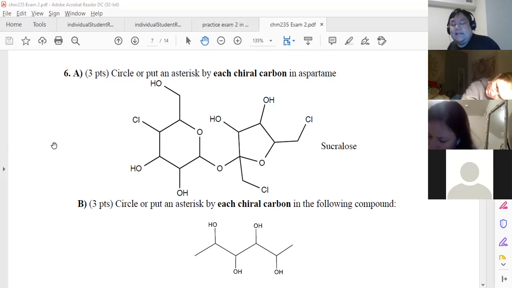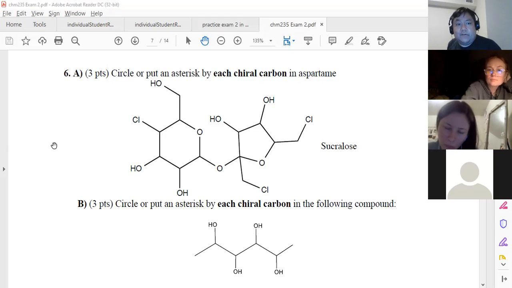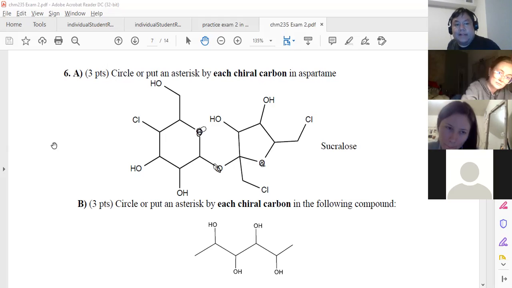So the easiest thing is just to eliminate anything that's not a chiral center. So I'm going to say you're gone. You're gone. So I get that all out of my carbons. Any carbon that has 2 hydrogens, like this one here, gone. This one's gone.